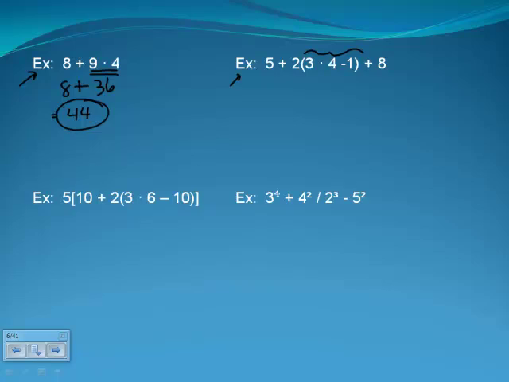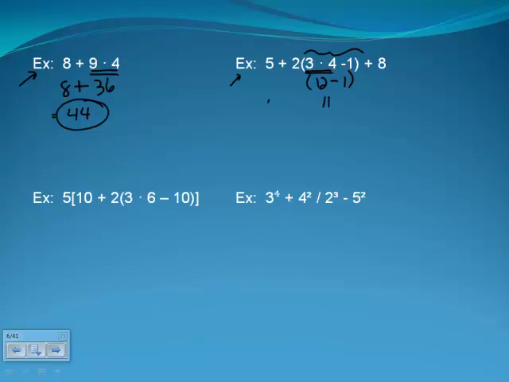So the first thing you do, because multiplication is higher on the food chain, is you're going to do the multiplication step. 3 times 4 is 12. And then also in the parentheses is that subtraction step. So we'll do that next because you always do parentheses first until you can't do anything more. 12 minus 1 is 11.